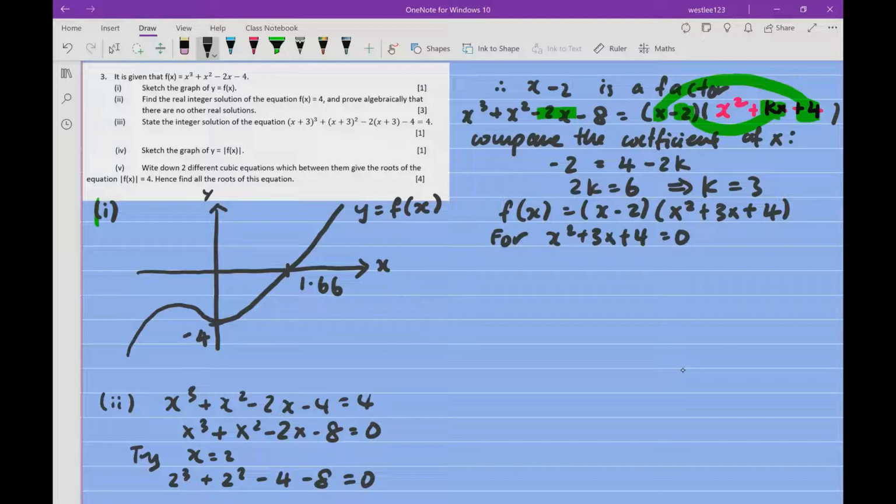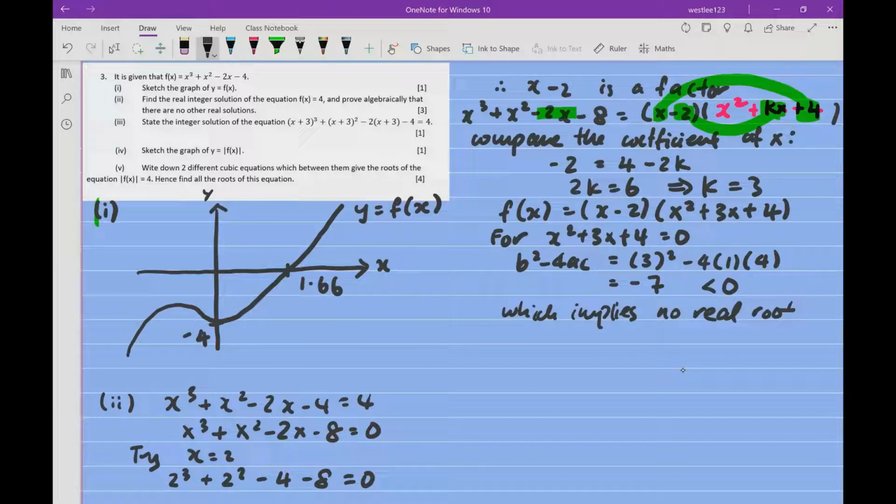We will consider the discriminant, b squared minus 4ac, equals 3 squared minus 4(1)(4). This gives us -7, which is less than 0, which implies no real root.